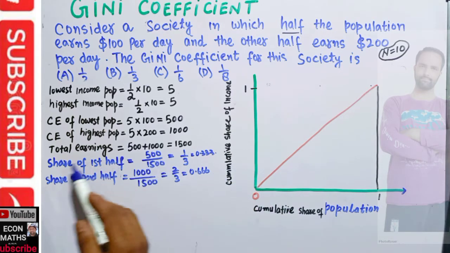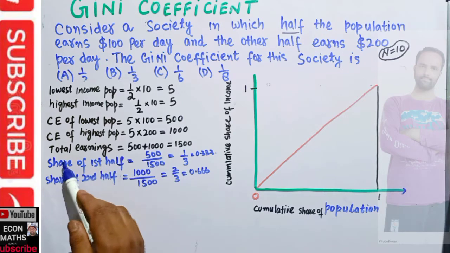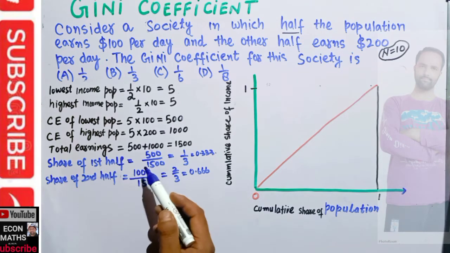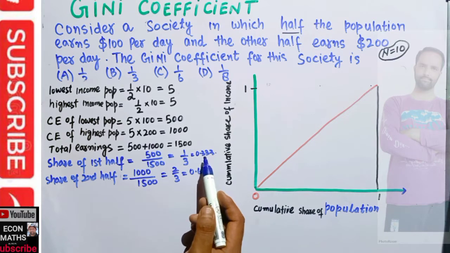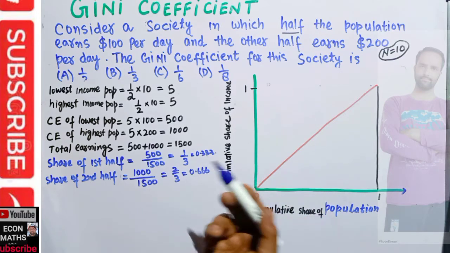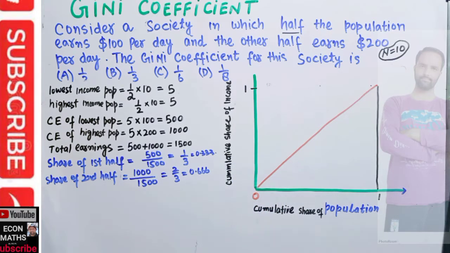And the rest of the 50% of the population owns only 33.33% of the total income in this economy.